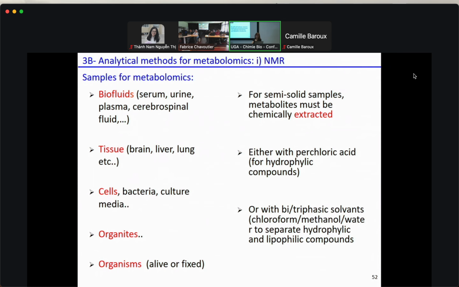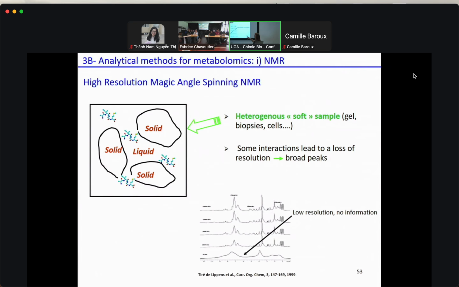So how to explain that? Why, with semi-solid samples, do we lose resolution? Because there are a lot of interactions between the spins. This is quantum mechanics also. This interaction leads to a loss of energy in all the spins, and the loss of energy leads to this kind of peak.